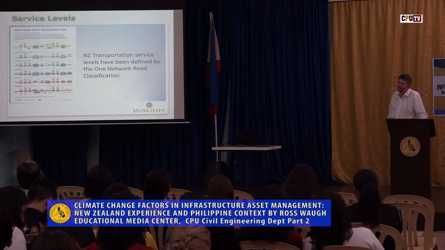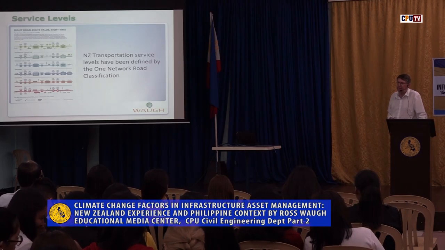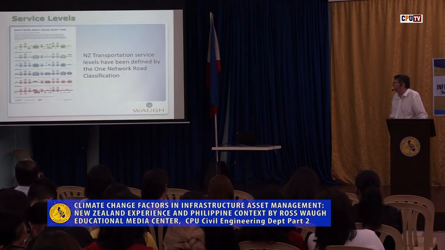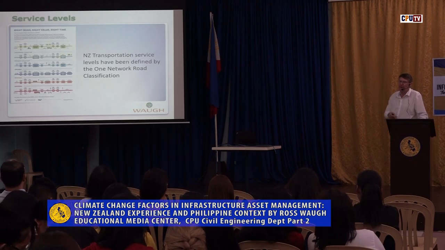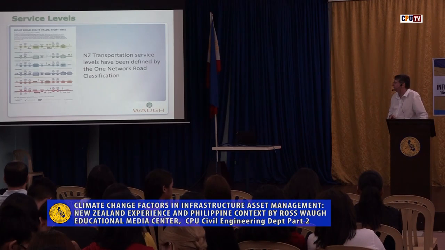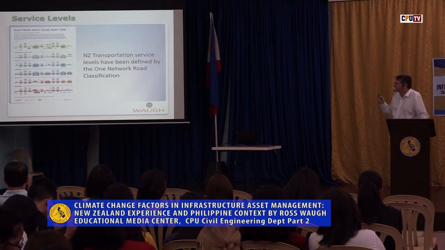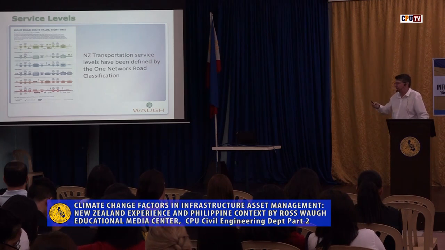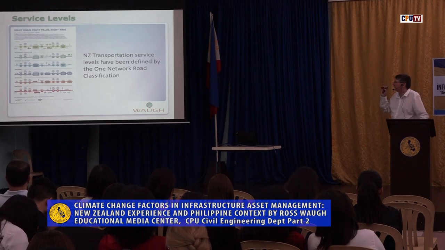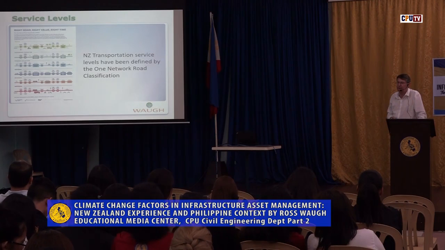In New Zealand, we had the situation a while ago where each local government unit set its own standards for roads as to what roads were important or not. That diagram's hard to read, it's small, but what we did was we ended up with a national service level that everybody agreed on for every road.